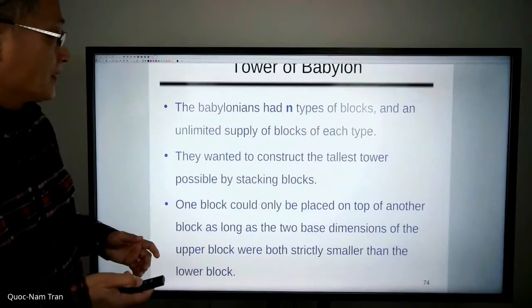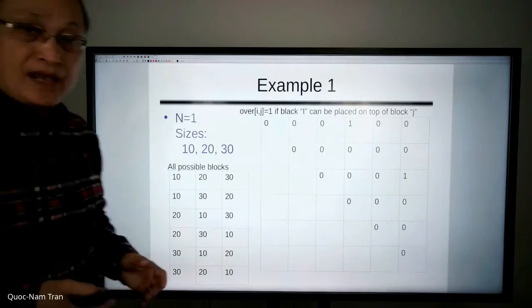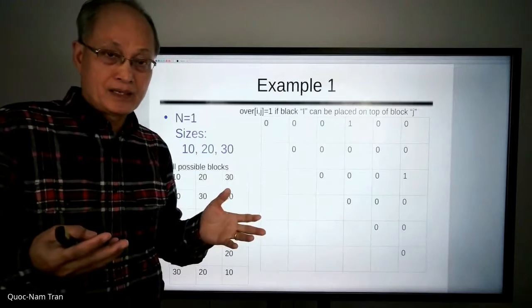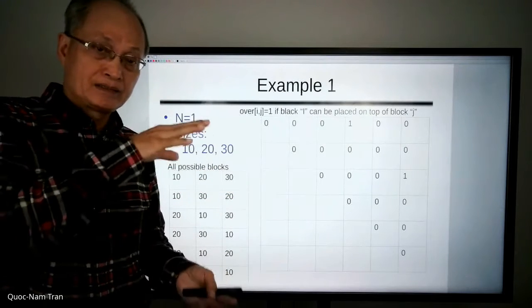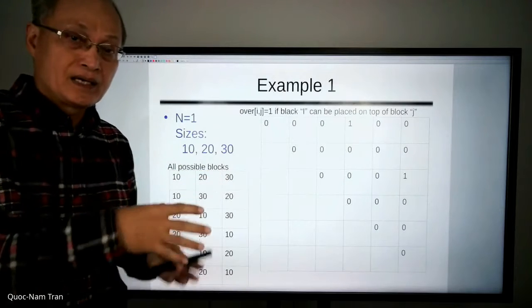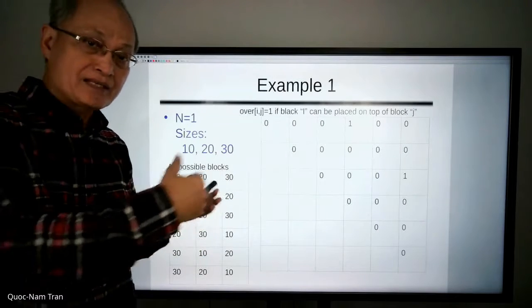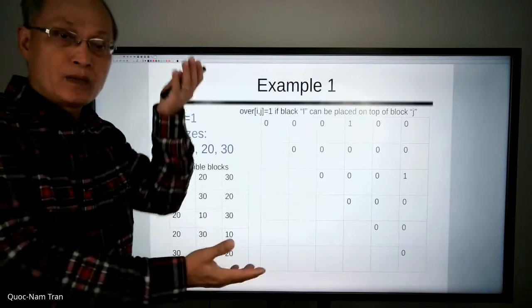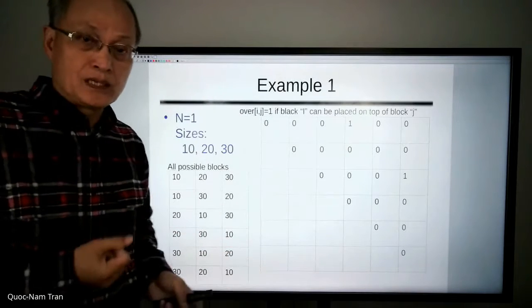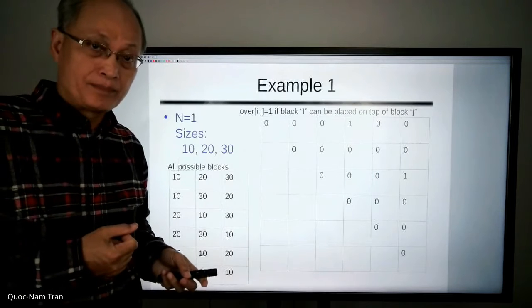And when we have a block that we want to put on another block, the requirement is that the base, meaning the X and Y directions, has to be strictly smaller than the one that we want to place it on top of, right?